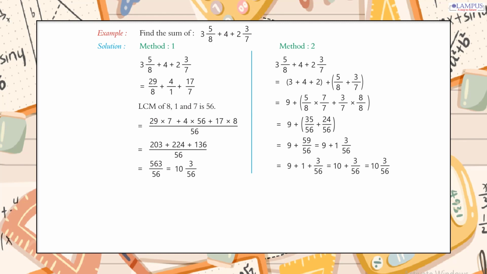Method 2. 3 and 5 by 8 plus 4 plus 2 and 3 by 7.